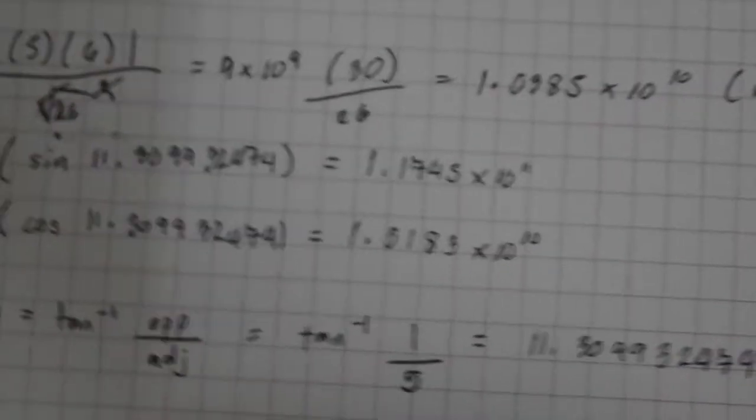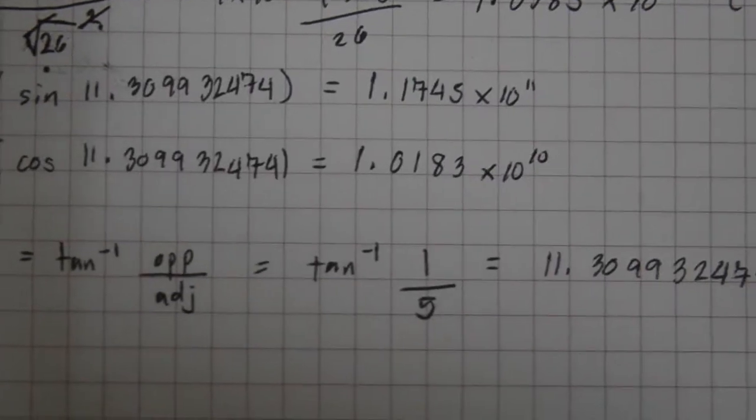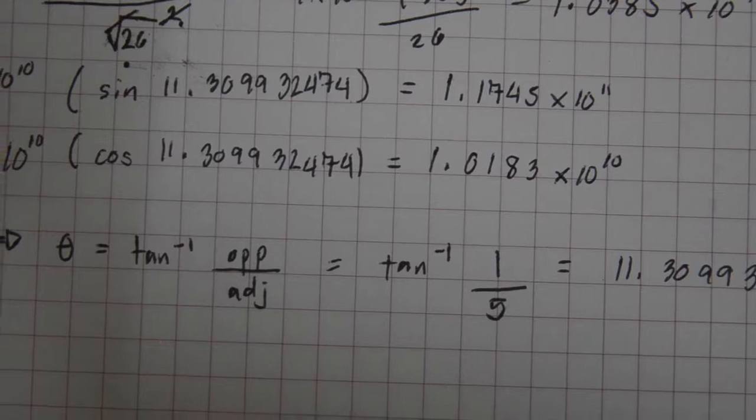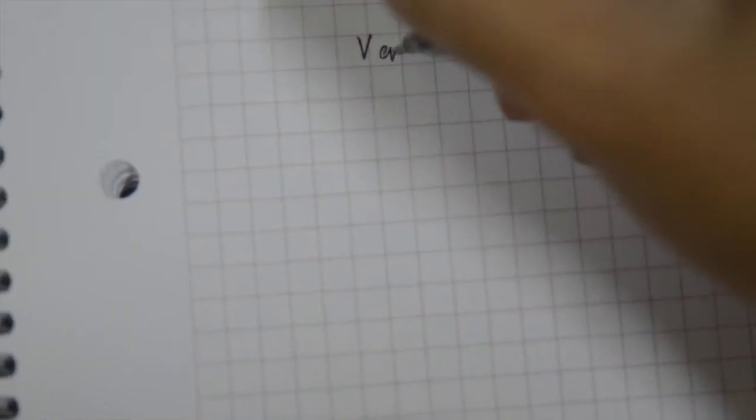So now that we have the horizontal and vertical components of the force C, we can now make a table again and find the resultant forces. So let's make a table, vertical forces and horizontal forces.